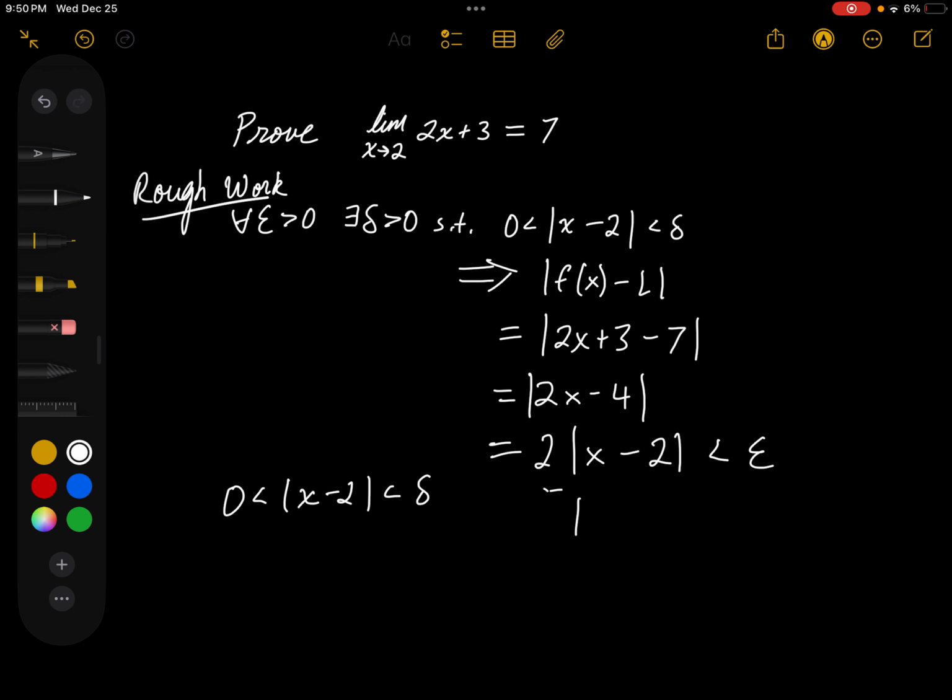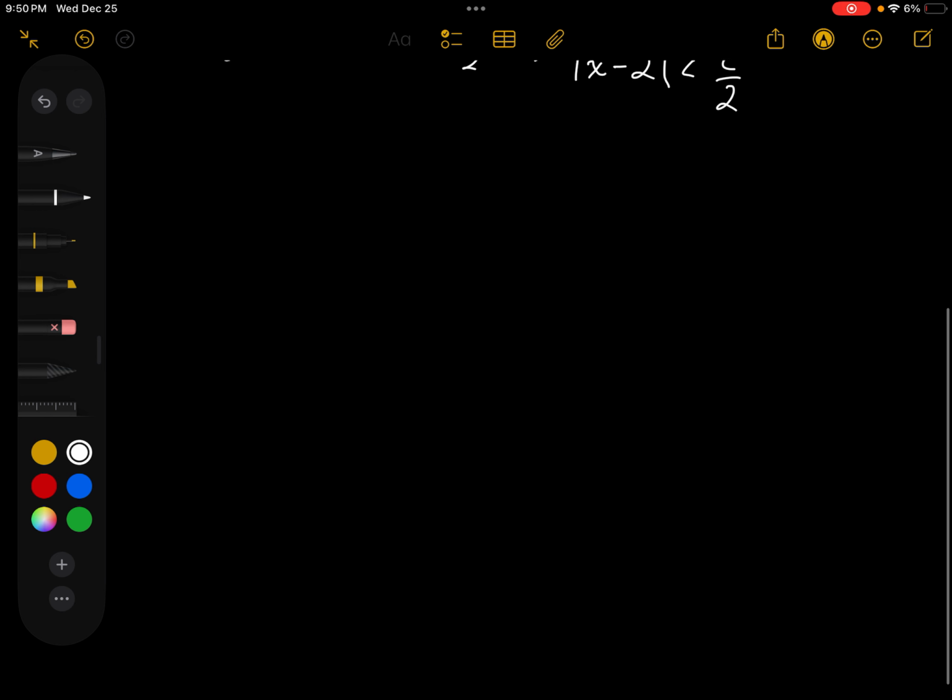If 2 times |x minus 2| is less than epsilon, then |x minus 2| is less than epsilon over 2. And hey, shouldn't we just let delta equal epsilon over 2? That's the same thing. These statements are equivalent.